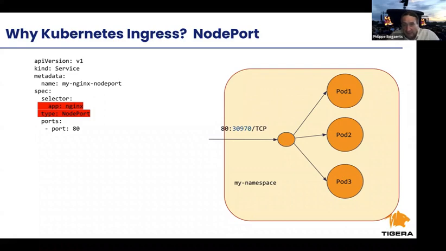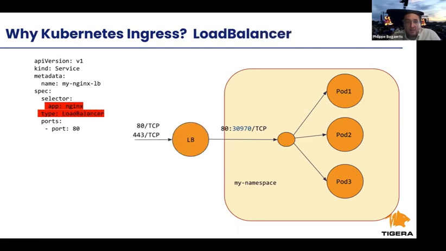So it's pretty difficult to get them address translated and made available, for example, from the internet. If we push it one step further, we can use, as I explained 2 weeks ago, the load balancer concept.